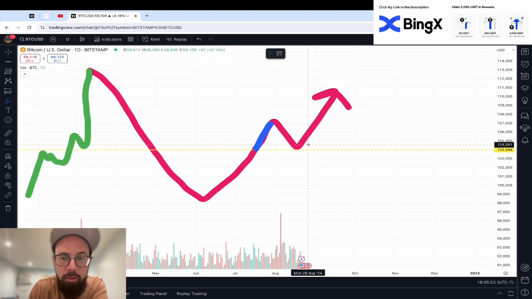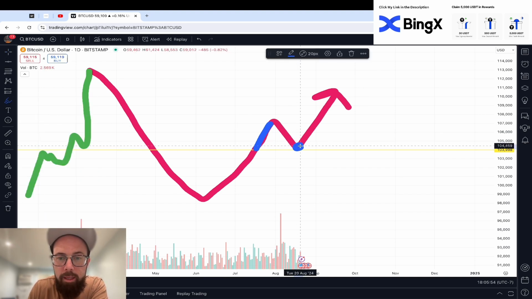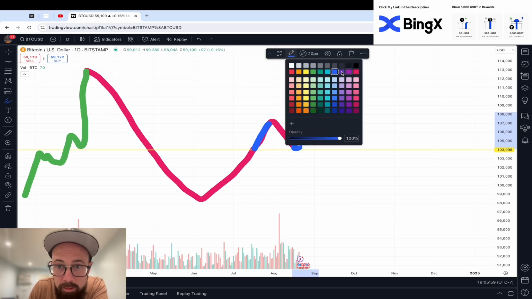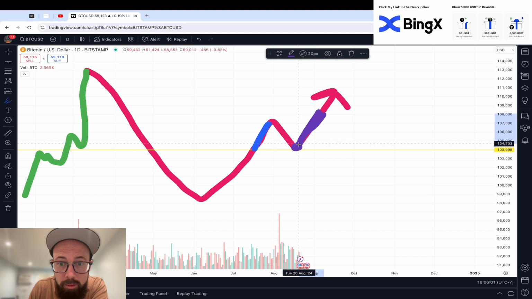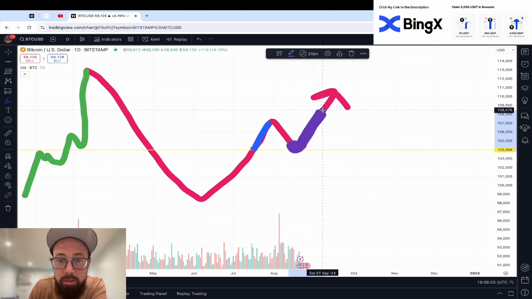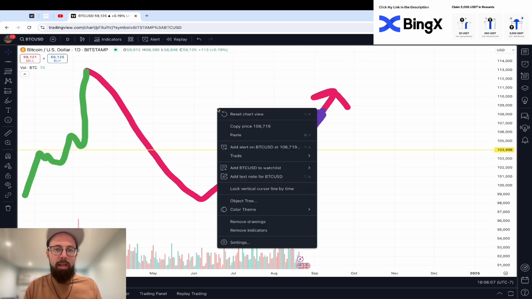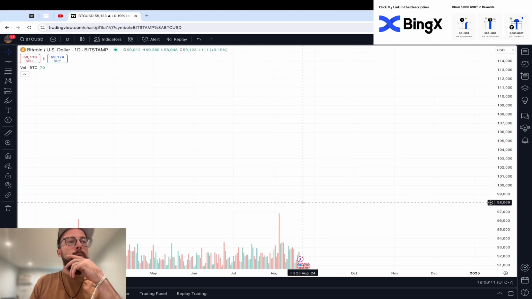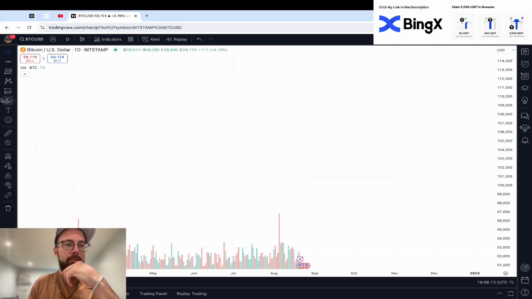And right here is the retest and the bounce. We'll make that purple. Okay, so retest, bounce. That's called a V-shaped recovery. What other reversal patterns are there?